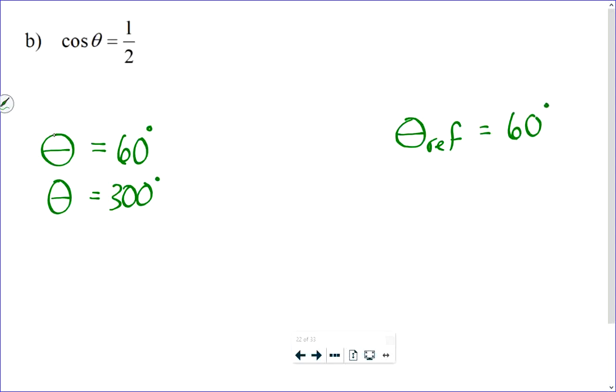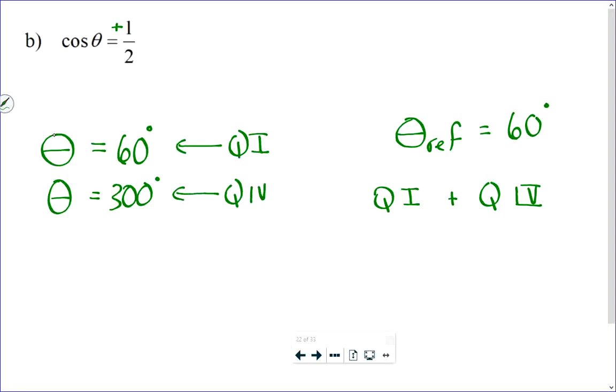You will also discover, by thinking about the fact that cosine is positive, that you're talking about quadrant 1 and quadrant 4. And when you sketch the reference angle of 60 degrees in quadrant 1, you will get this rotation angle. And when you sketch the reference angle in quadrant 4, you will get this rotation angle.